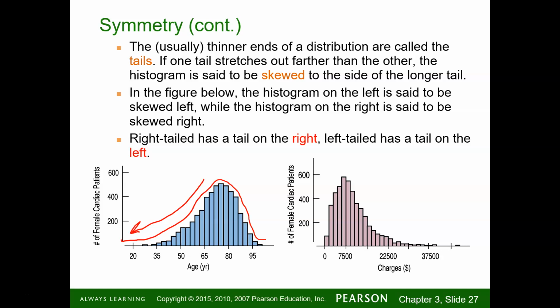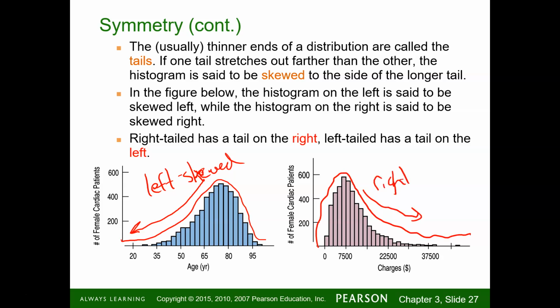This would be skewed to the left, because it has a tail going to the left, right? So that is left skewed. And this, see, it has a tail going to the right. That would be right skewed.